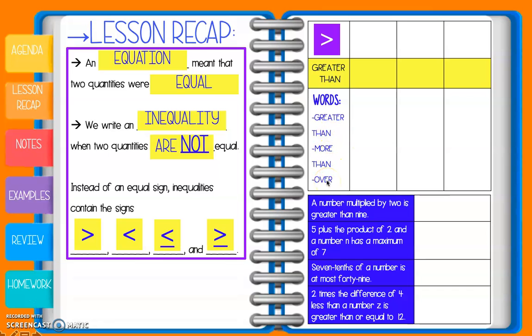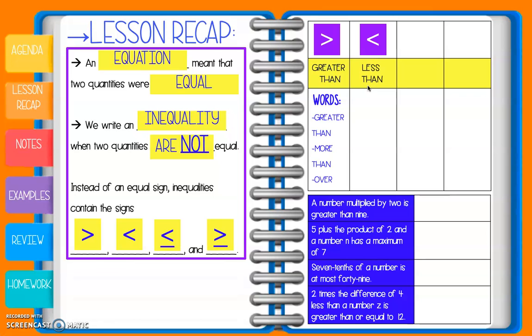All of these words tell us whatever comes first, whatever is on the left of our inequality, is greater than the quantity on the right, okay? And vice versa. On the other side, our symbol is less than. If the point comes first, it says whatever's over here is bigger, so this is less than this. That is less than. Again, if you don't have those memorized, guys, you have to get those memorized.